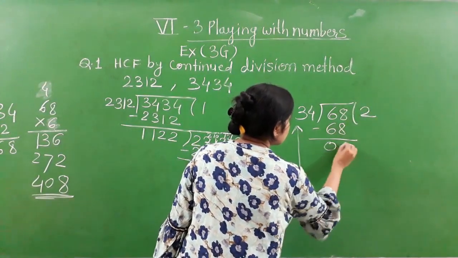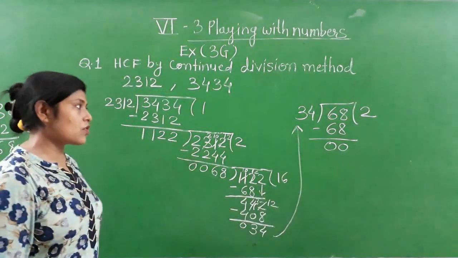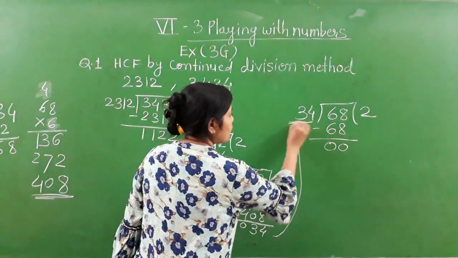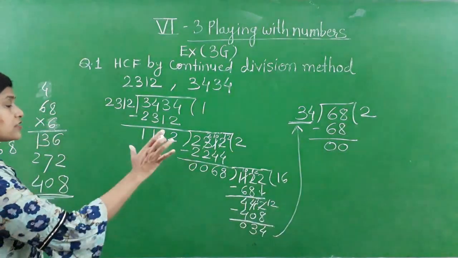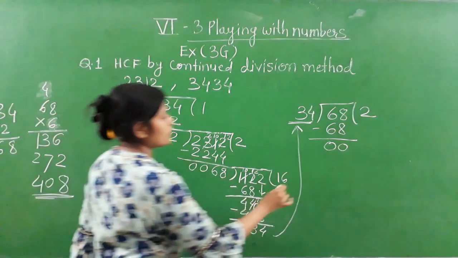So the division is completed. So it means what? Because of this 34, this division is completed. So that's why 34 is the HCF of these numbers.